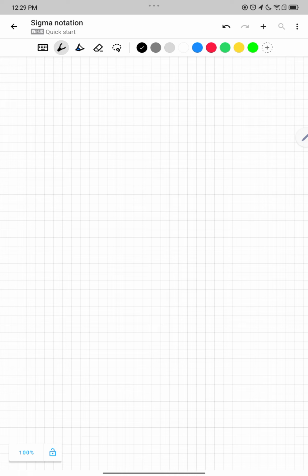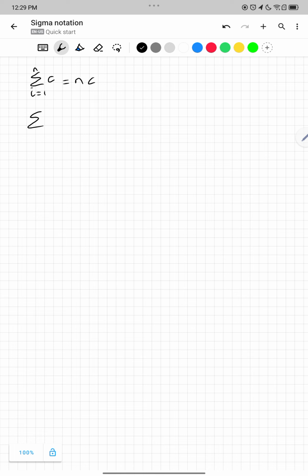Something like this: summation of C up until n, from i is equal to 1 to n, equals nC, because it will be as follows.